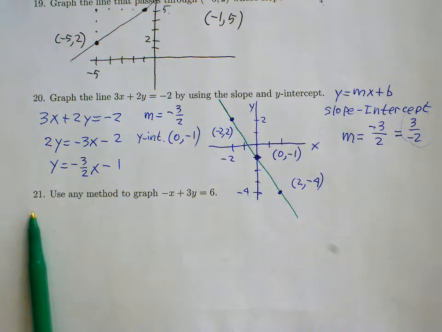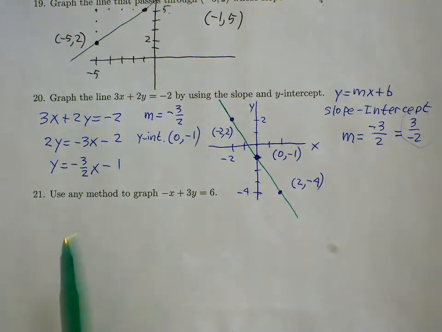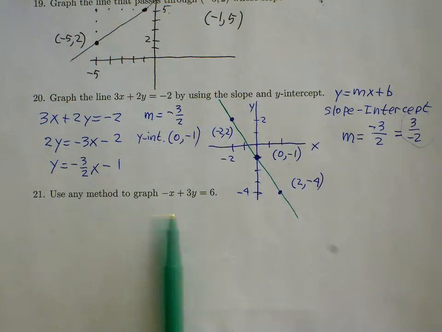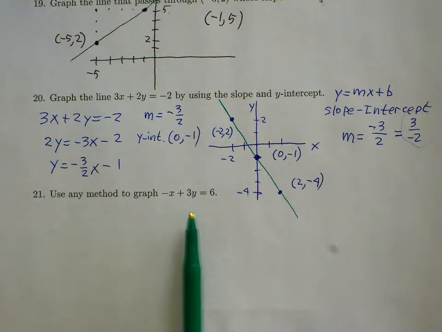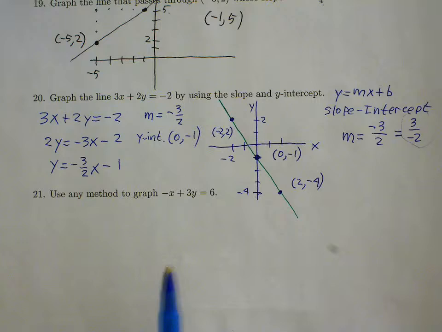Okay, and number 21, use any method to graph -x + 3y = 6. All you need to do is find the ordered pairs of 2 different points and then plot them and then draw a line through those 2 points.